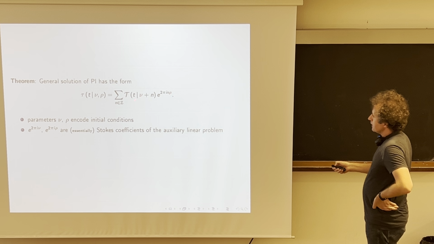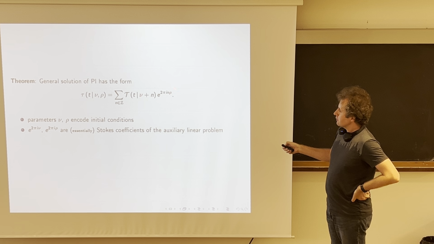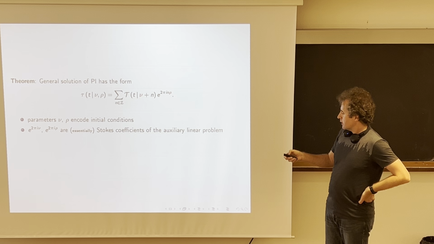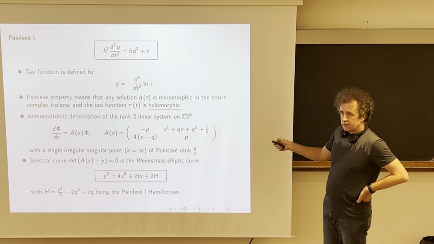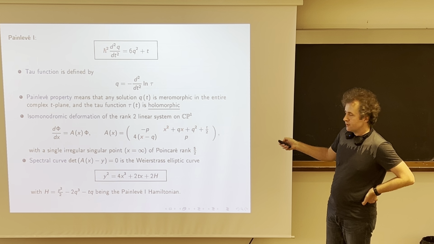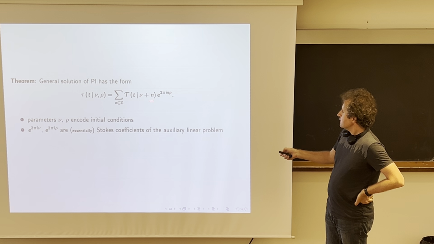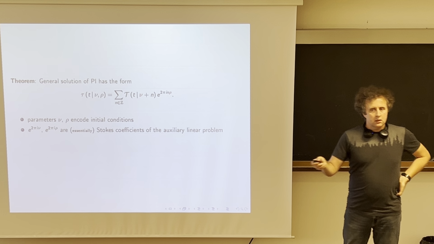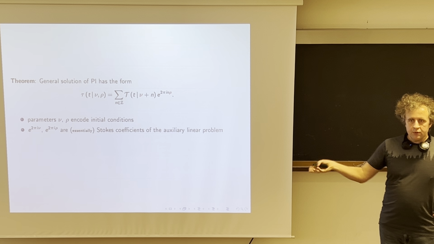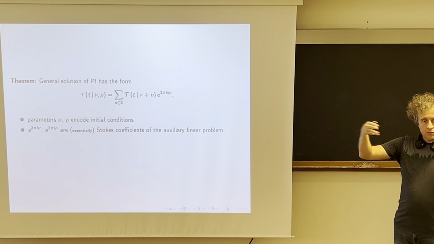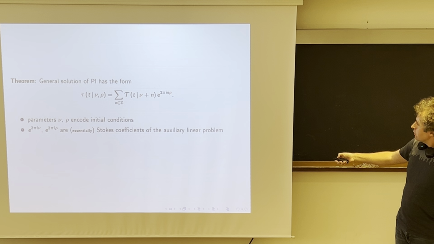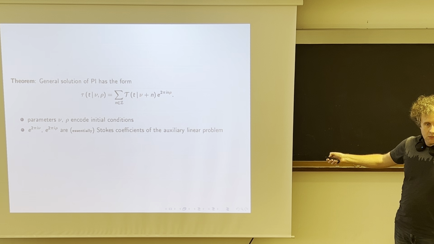Basically, the analog of this statement for the Painlevé 1 transcendent itself, this function q of t, is just trivial. It tells you that q is uniquely determined by nu and rho, and q is a periodic function of both rho and nu.